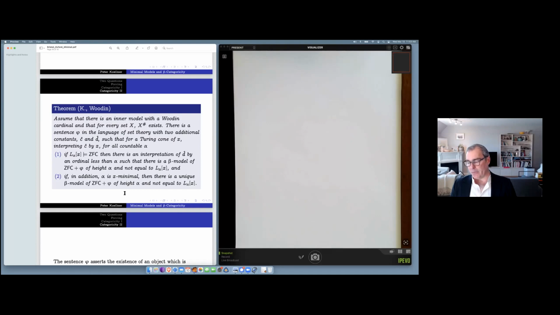If you have an M1-like model which is iterable, there are two genericity theorems, and they're both remarkable. The first one is that if you take any real, there's a way of iterating your M1-like model so that that real is generic over the iterate.